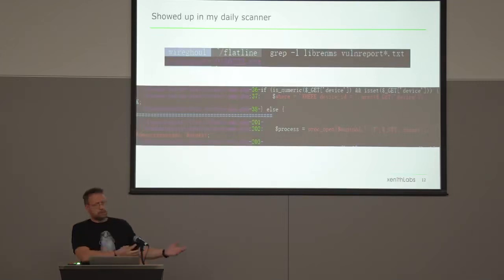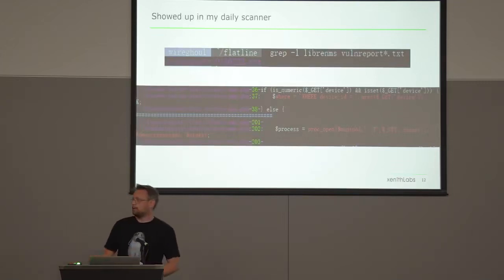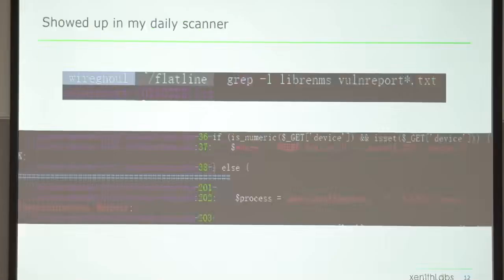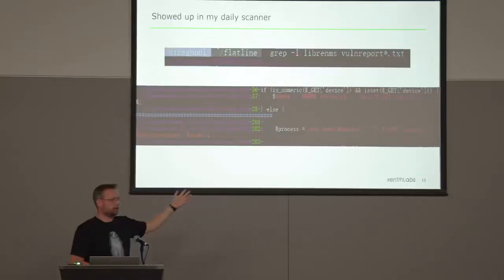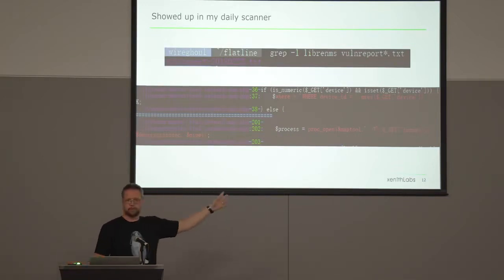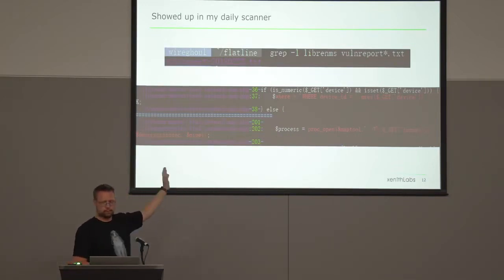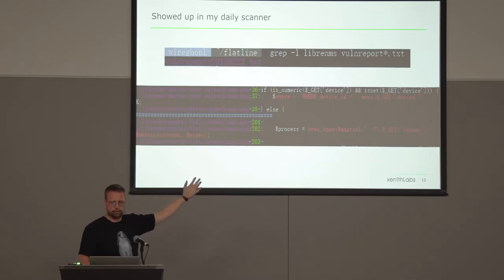So, like I said, in 2016 I looked at LibreNMS, and then in 2018 it showed up again in my automated scanner in February. Now, these 2 lines of code in particular, I remembered from the first time when I looked at it, and I know that these are both false positives. So the first one that's in red, the line above it verifies that it's actually a numeric value.